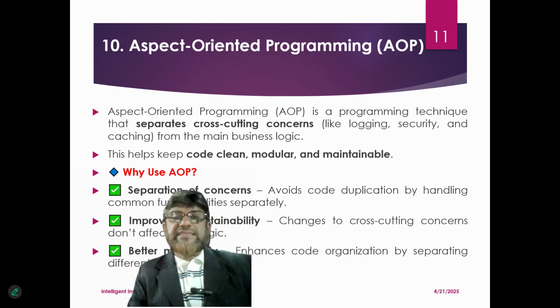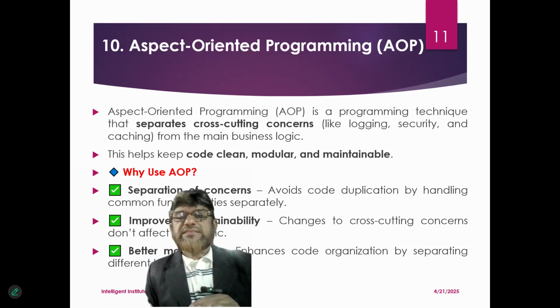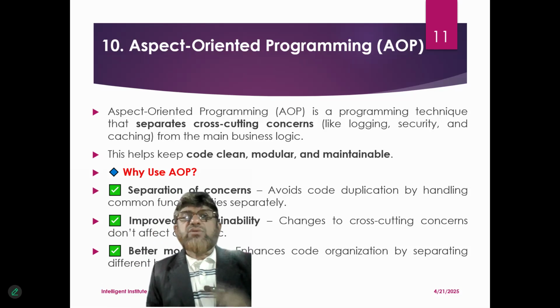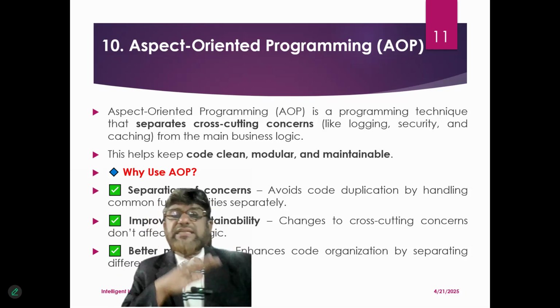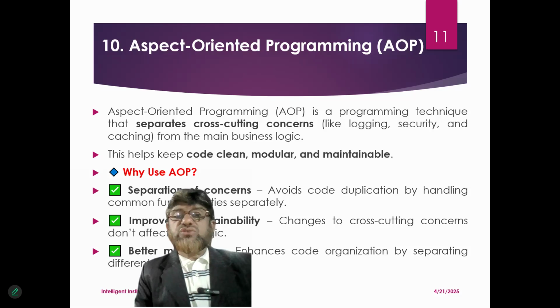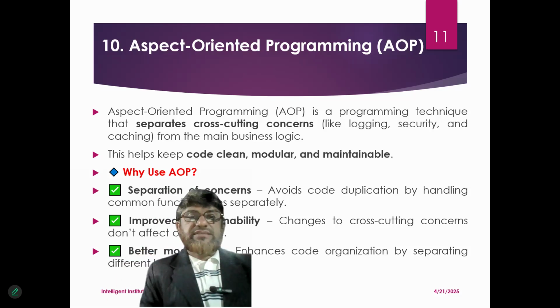Code clean in the sense that we may have some null data and some empty data, so easily with the help of this technique we can clean it. Basically the best use is to avoid code duplication. Fine.